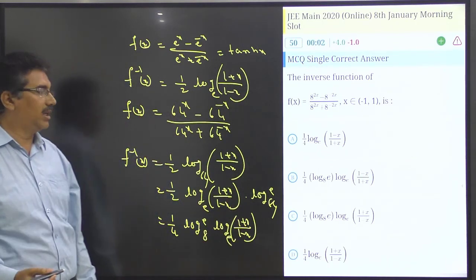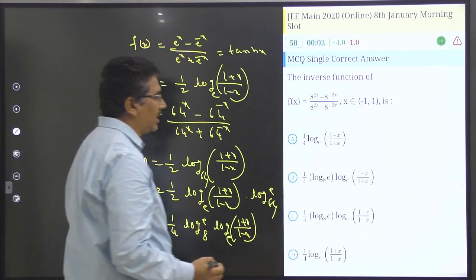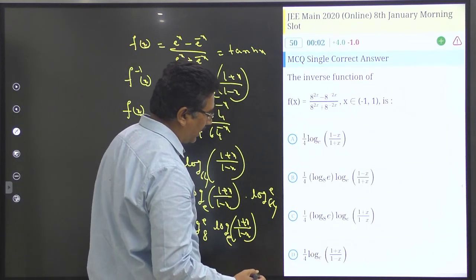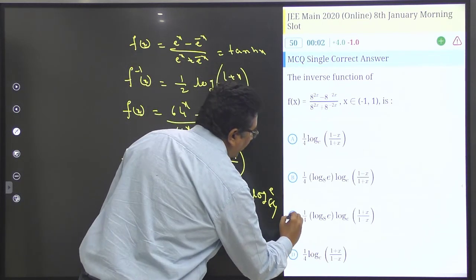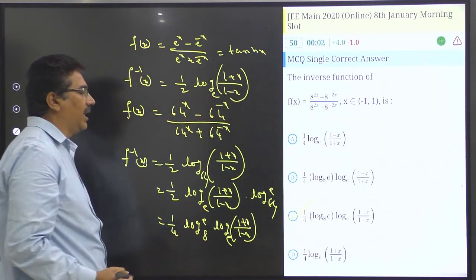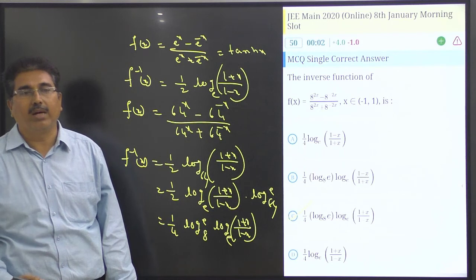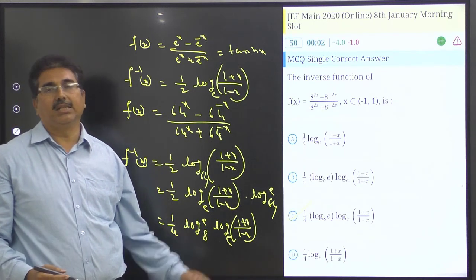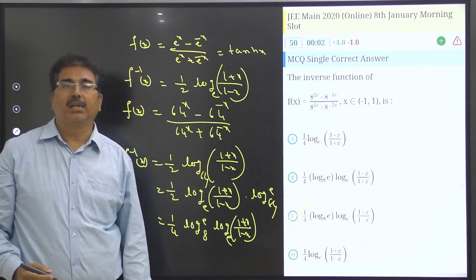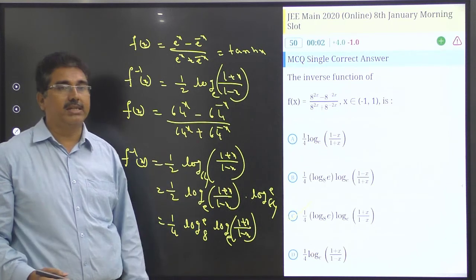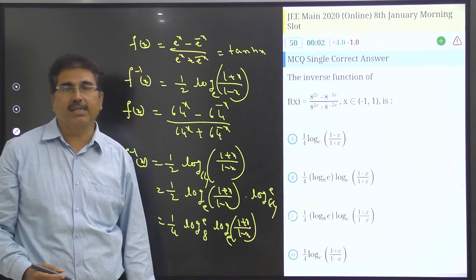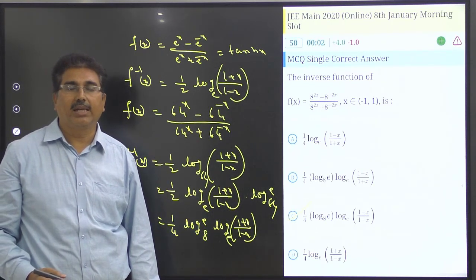So this is the f inverse of x, that is option C, 1 by 4 into log e base 8 into logarithm of 1 plus x by 1 minus x. Right, these are the questions asked in previous JEE mains examinations. Right, okay, thank you.